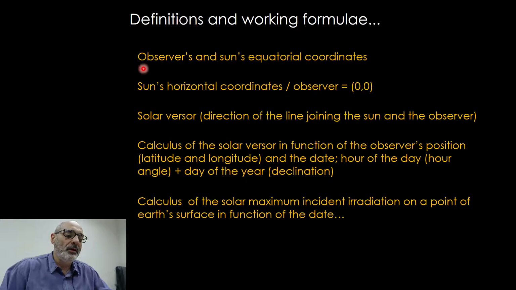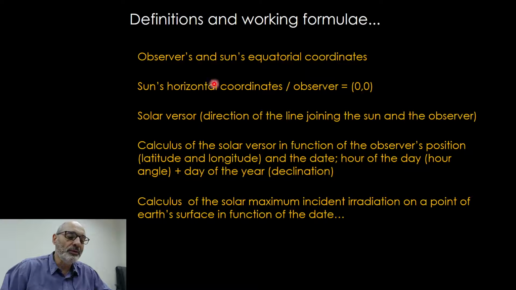To do this, I'm going to show you these points here. Observers and sun's equatorial coordinates. Actually, I'm going to talk about two systems of coordinates. Equatorial system of coordinates, and also what we call horizontal coordinates, based on the observer.